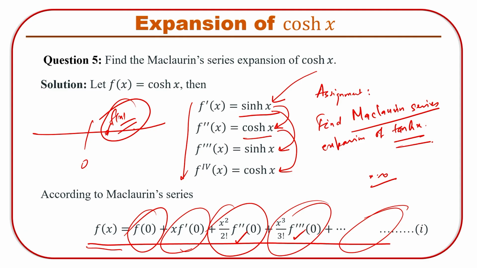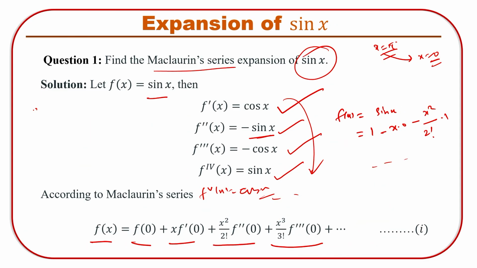So, sometimes it is quite useful, and we had found sin x, cos x, tan x, and then sine hyperbolic x, cos hyperbolic x.